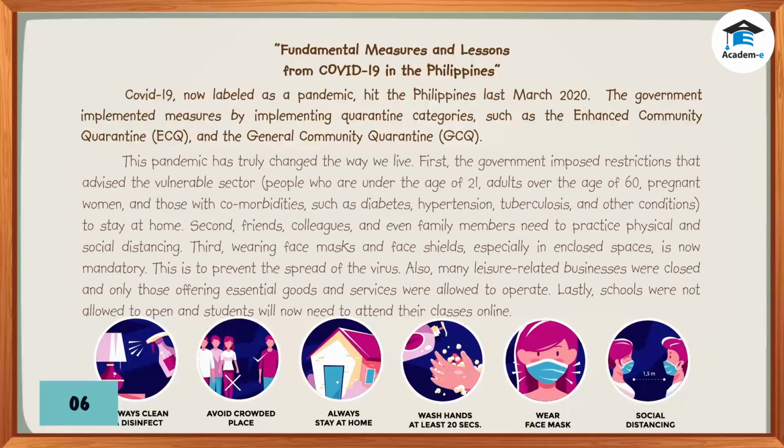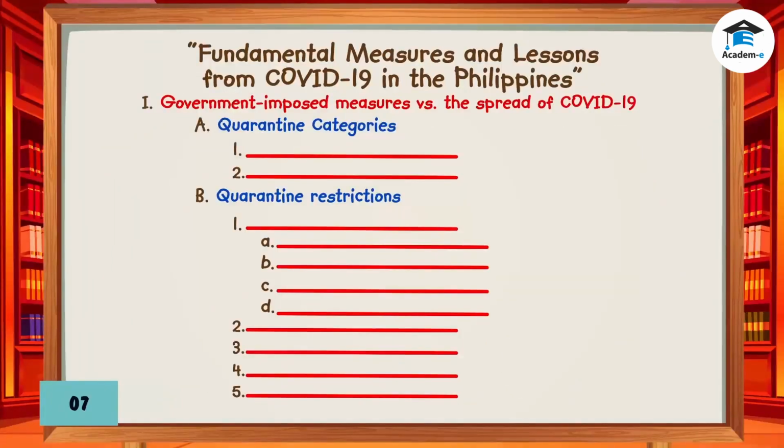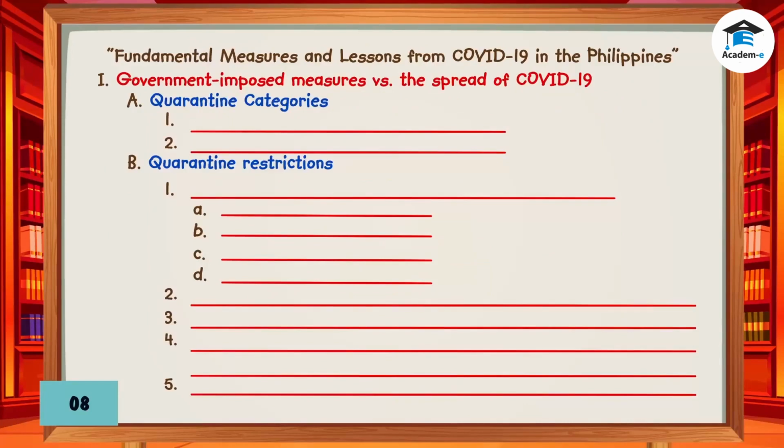Let us try to make a standard outline for the selection we have just read. Now that we have read and comprehended the selection, let us try to create a standard outline for the ideas and supporting details using this template. The title of the selection is Fundamental Measures and Lessons from COVID-19 in the Philippines.